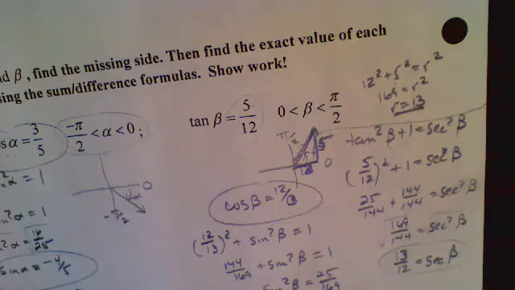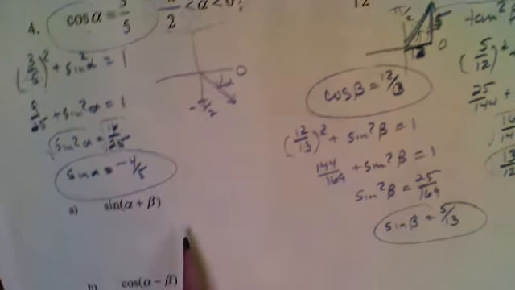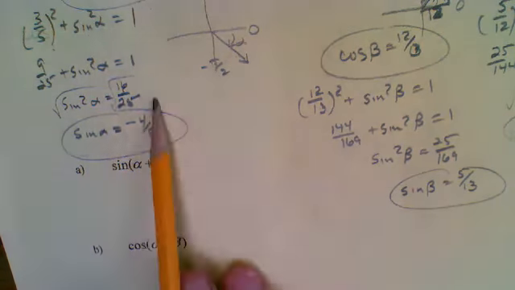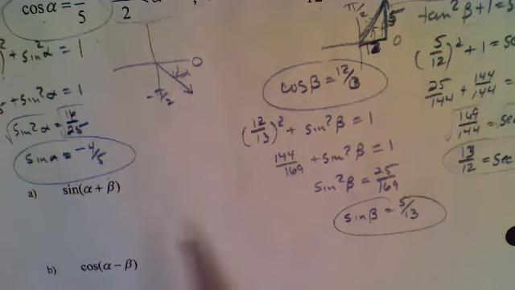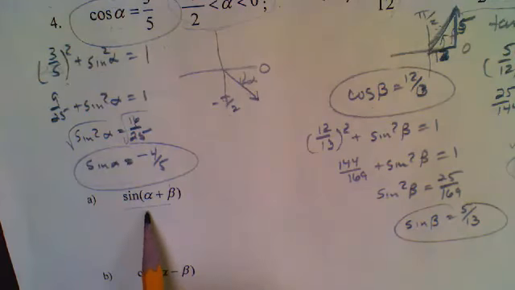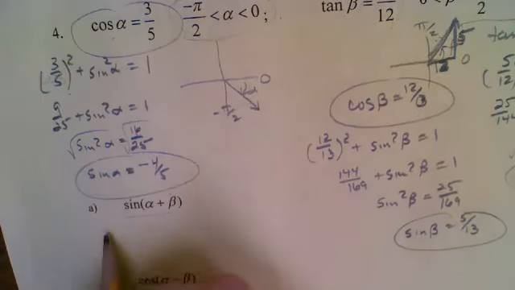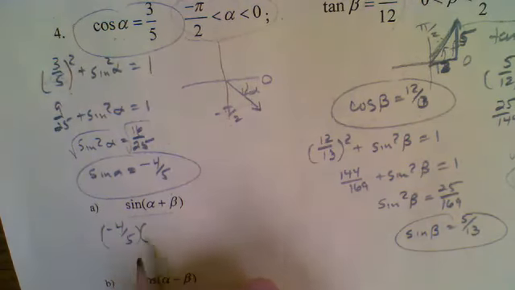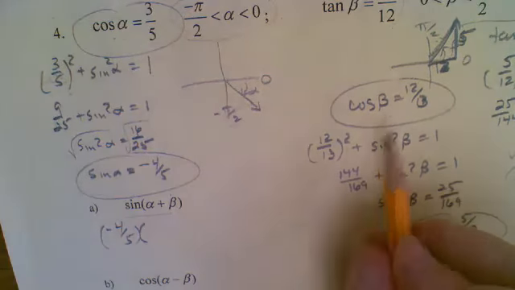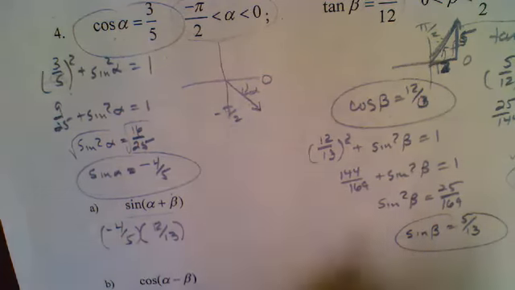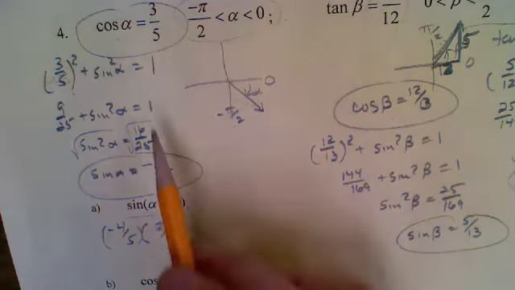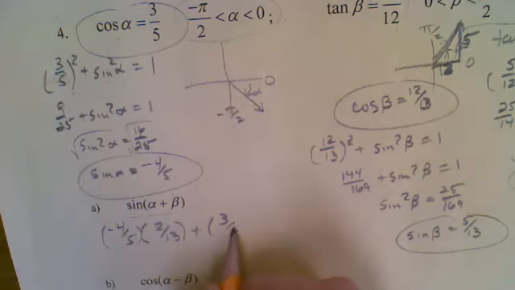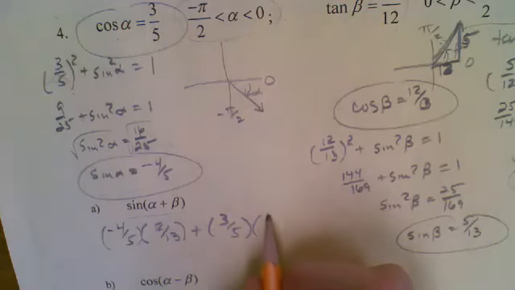All right, I'll just post the answers rather than talk through each one. Once you have the cosine of alpha, sine of alpha, cosine of beta, and sine of beta, you're just going to use your formulas. That was really the hardest part. For this one, you take the sine of alpha, which is -4/5, times the cosine of beta, plus, since I'm using the plus sign, the cosine of alpha and the sine of beta.